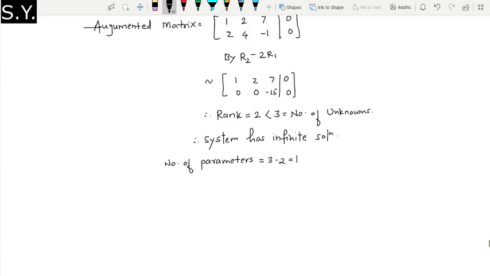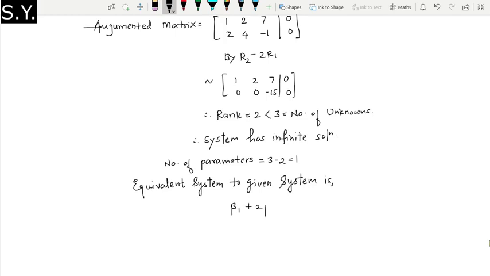Now let us write down the equivalent system. Equivalent system of the given system is, so which is beta 1. Now beta 1 are the notations, right?